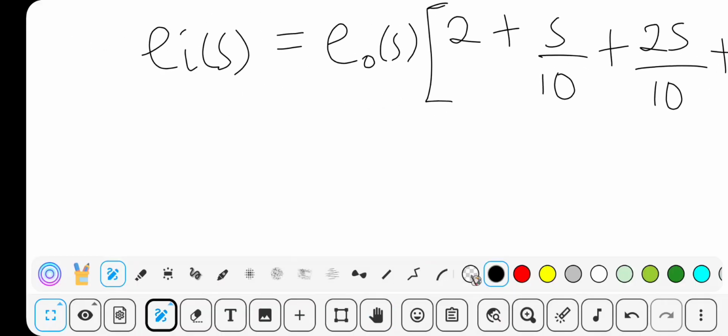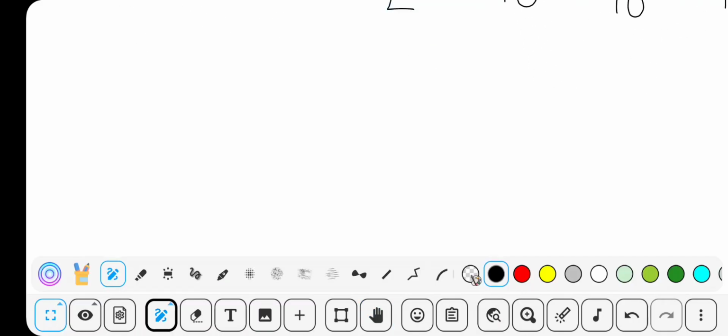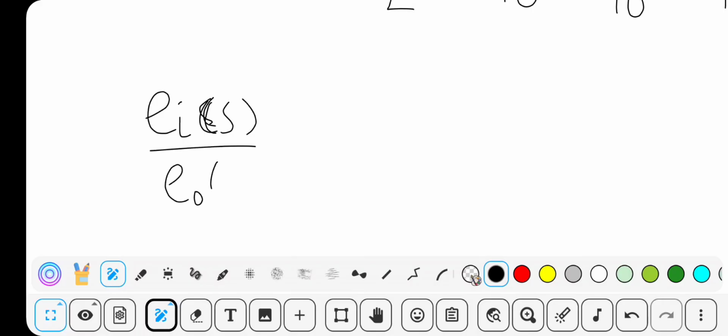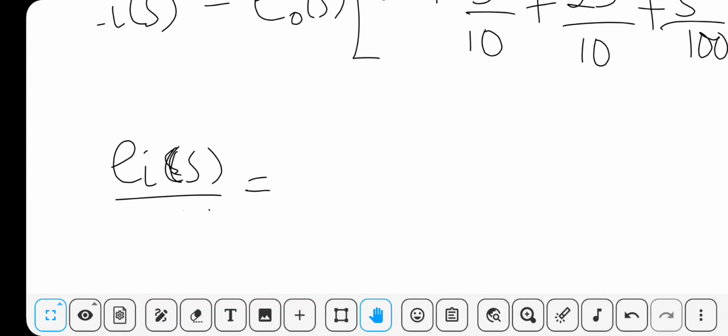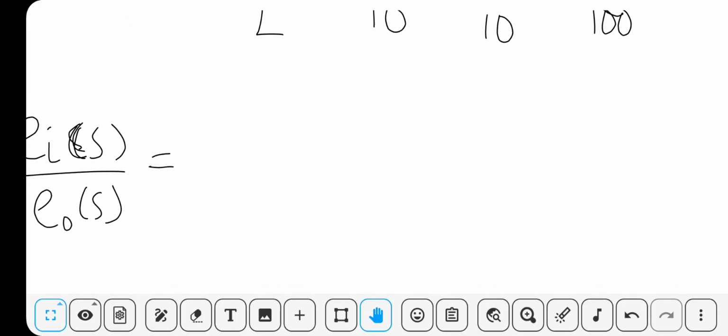So now dividing both sides by E naught of s, this is what you have on the left hand side.